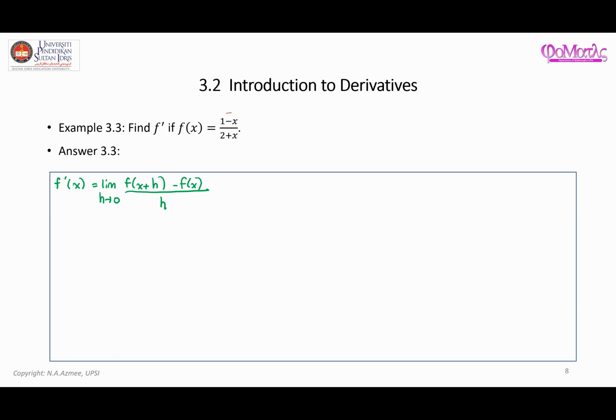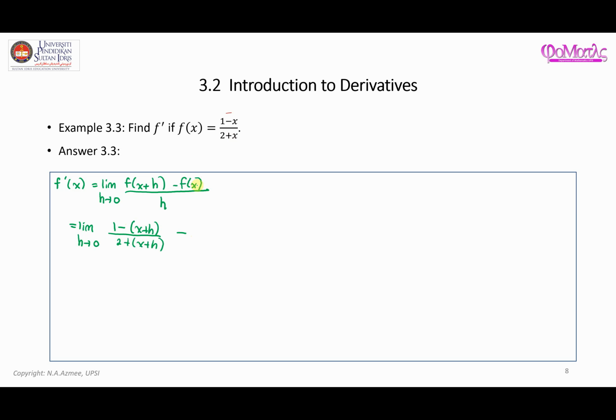I'm going to substitute x plus h into this function, and what I get is 1 minus x plus h over 2 plus x plus h. Be careful with the negative and positive signs. It can be a bit confusing.